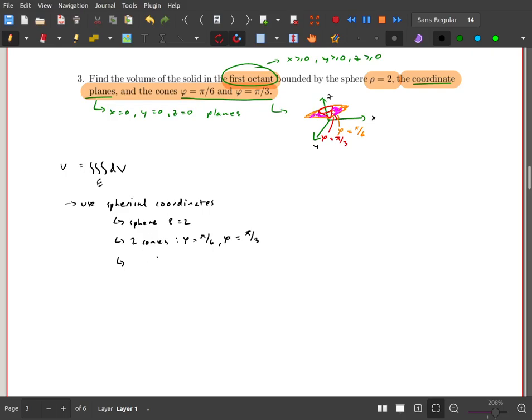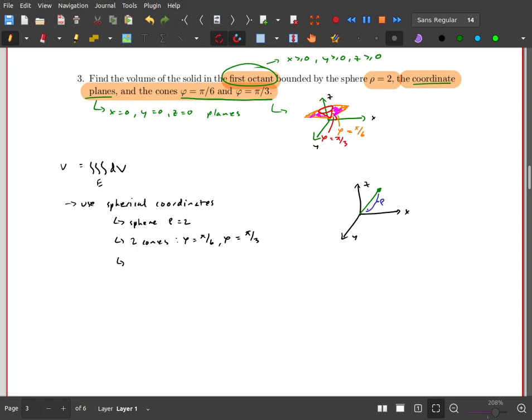So how do we limit our volume to be in the first octant? When something is in the first octant, we need to think back to the definition of rho, theta, and phi in spherical coordinates. Say I have some point that's defined in spherical coordinates. So that's my point there. This length here gives me rho.